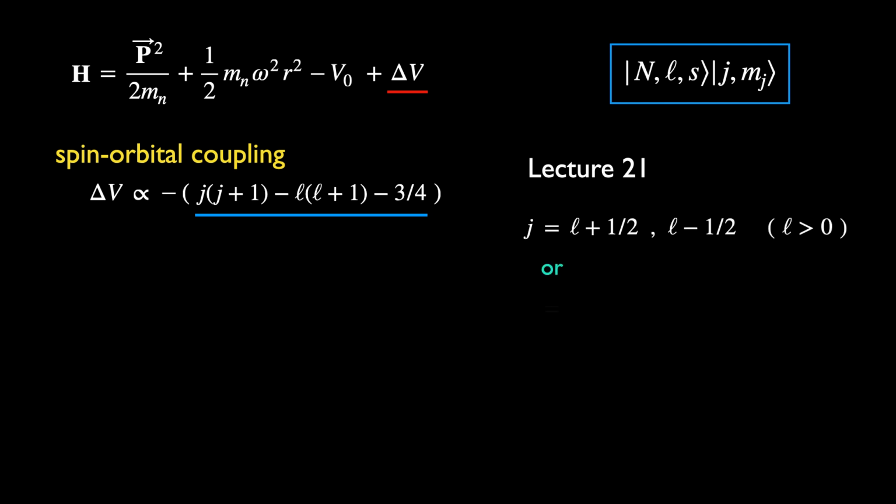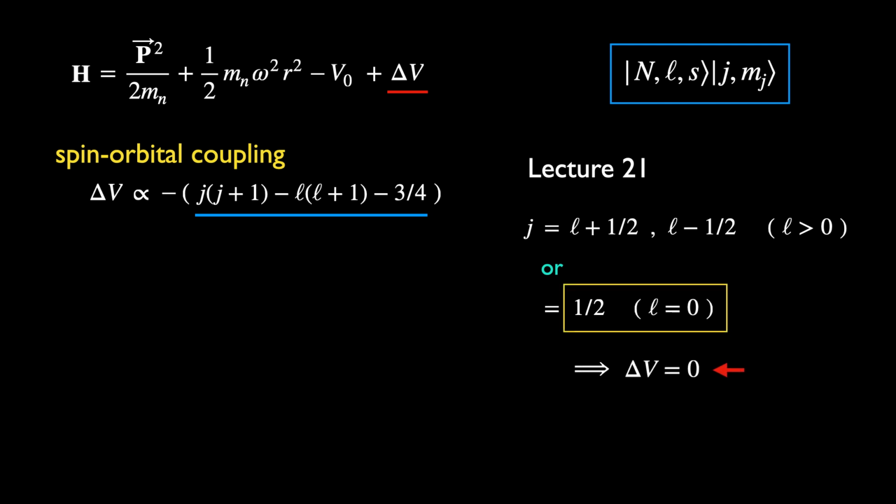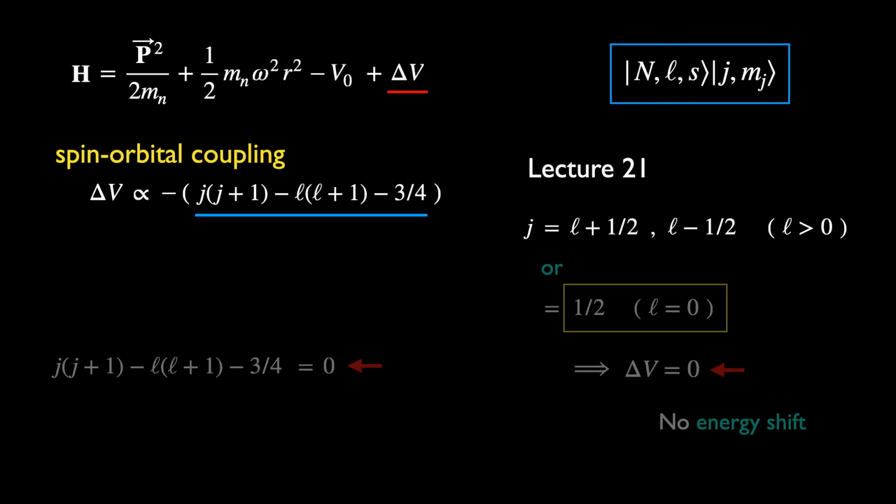For the case of L equals 0, J is just equal to half. There is no energy shift for this case. We shall just focus on the case for L greater than 0.